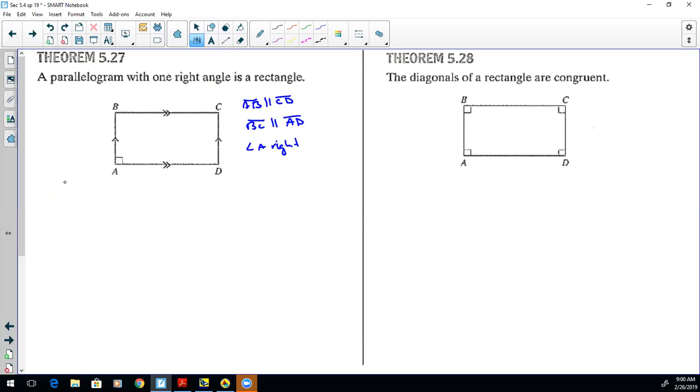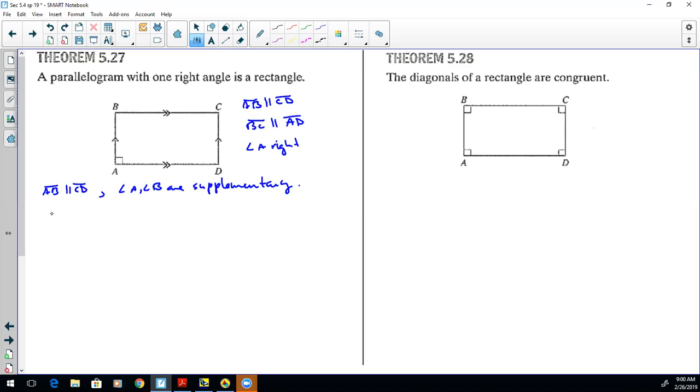Since AB is parallel to CD, then angle A and angle B are supplementary. They are interior angles on the same side of the transversal when a transversal cuts parallel lines.